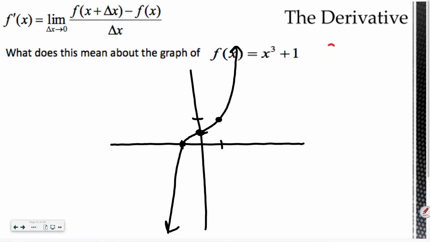So we found that our derivative is 3x squared. Since that is our derivative, that is describing the instantaneous rate of change for x cubed plus 1, that is describing the slope of a tangent line at any point on x cubed plus 1. So let's say I were to plug in 0.